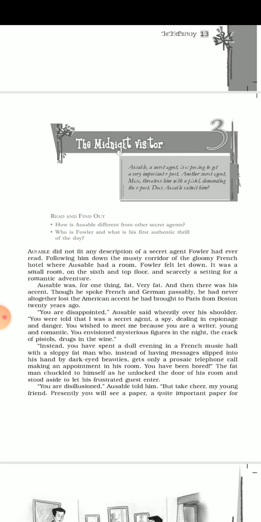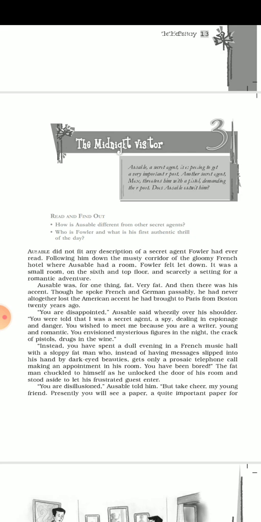So he followed him in the musty corridor of the gloomy French hotel. Audible was staying in a French hotel that seemed a very serious place, right? So Audible had a room in that hotel, right? He had rented a room in that hotel, and Fowler felt let down.